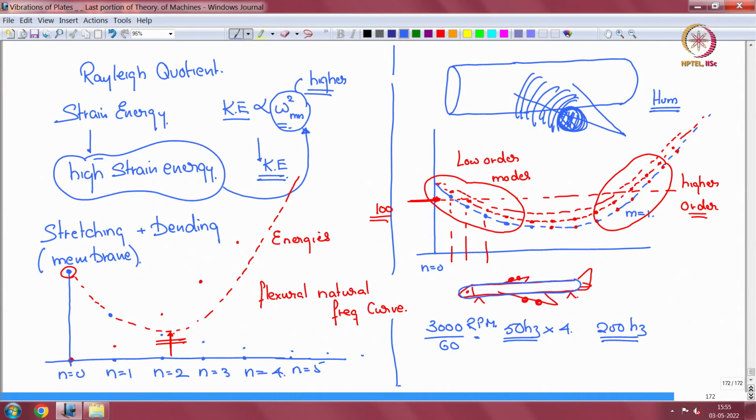So now you have to control or reduce noise inside the aircraft. It is a noise control problem. Largely these lower order modes are responsible for transmitting the sound into the shell. These set of modes get excited. So let us say instead of 100 this is 200 now.